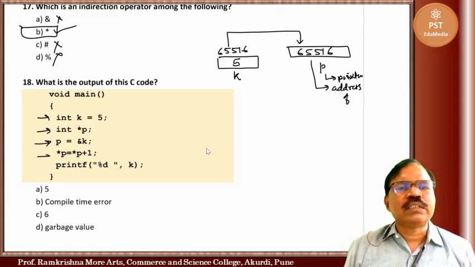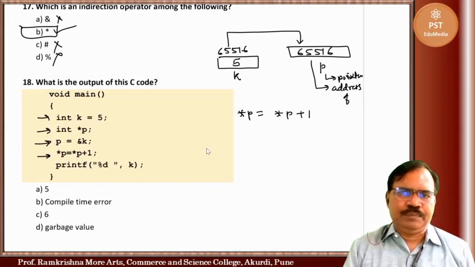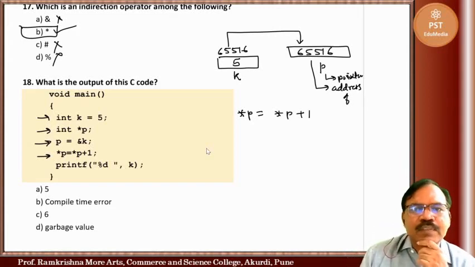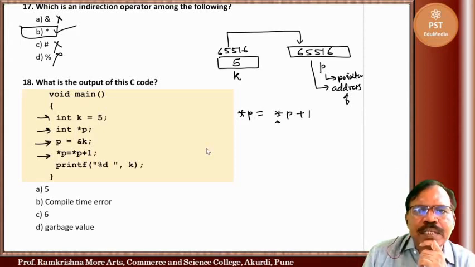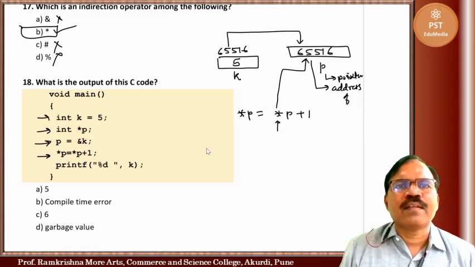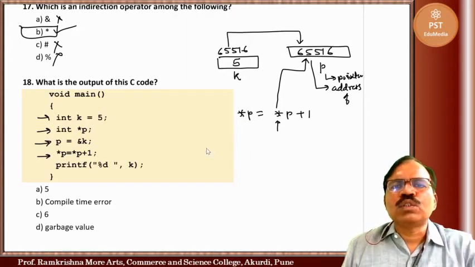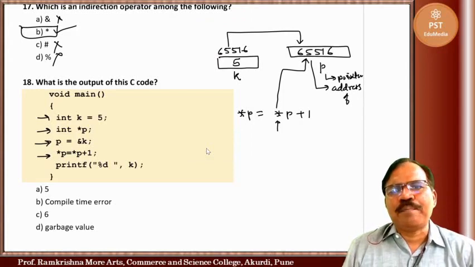Now *p is equal to *p plus 1. See here, *p means it is an indirection operator. So it goes to the memory location of p.